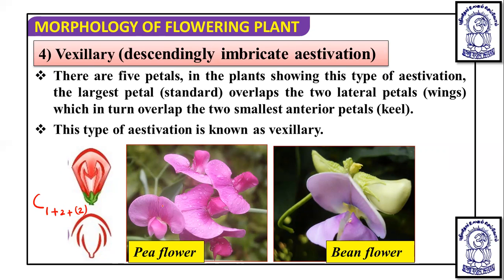Here also you can see this is the largest one, this is the lateral one, and the innermost is present here. So it is seen in the case of pea and bean flowers, which are examples of Papilionatae, that is a subfamily of the leguminous family.